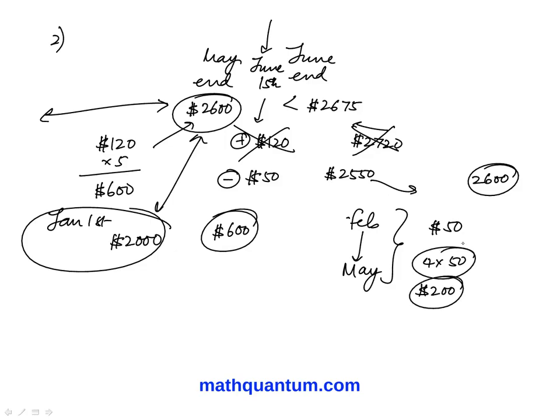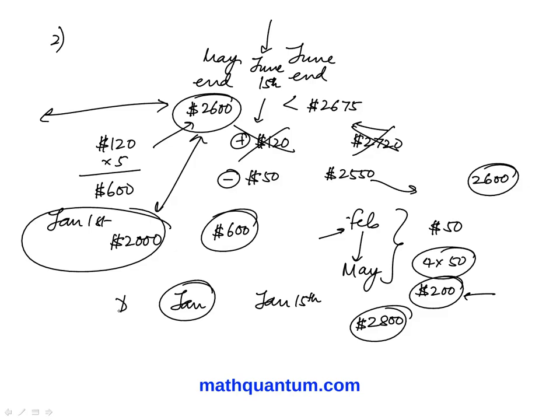So my balance at the end of January has to be $2,800, because I've withdrawn this amount. And I can say that one deposit was made on Jan 15th. So I'm really saying the scenario is that for the month of January, a single deposit was made, and for the remaining 11 months, there were all withdrawals.